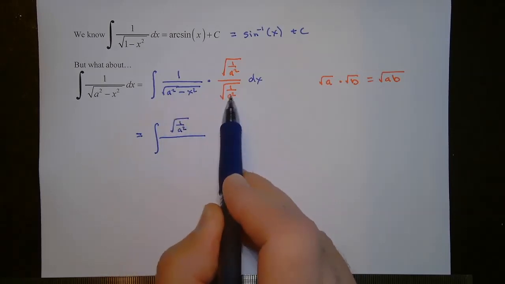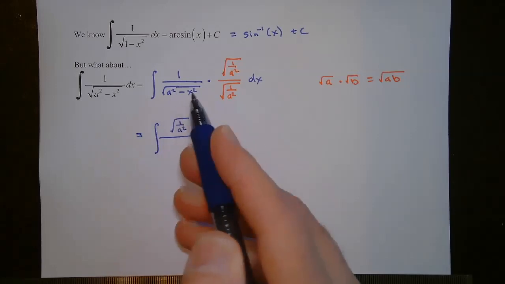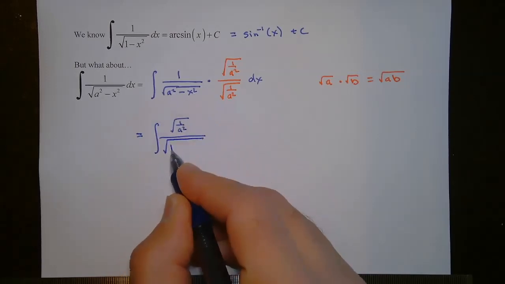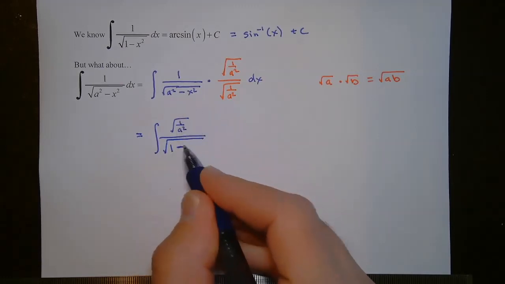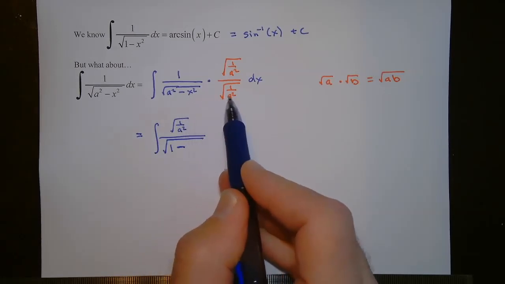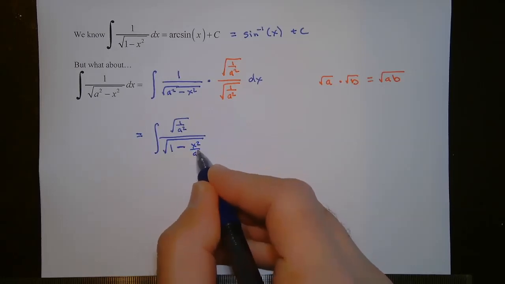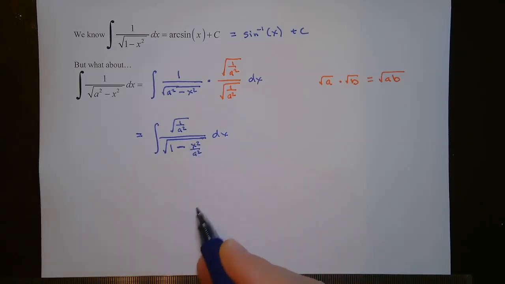The 1 over a squared times the a squared in here is going to become a 1. So that's the square root of 1, and then minus x squared over a squared, still under the square root, and then dx.